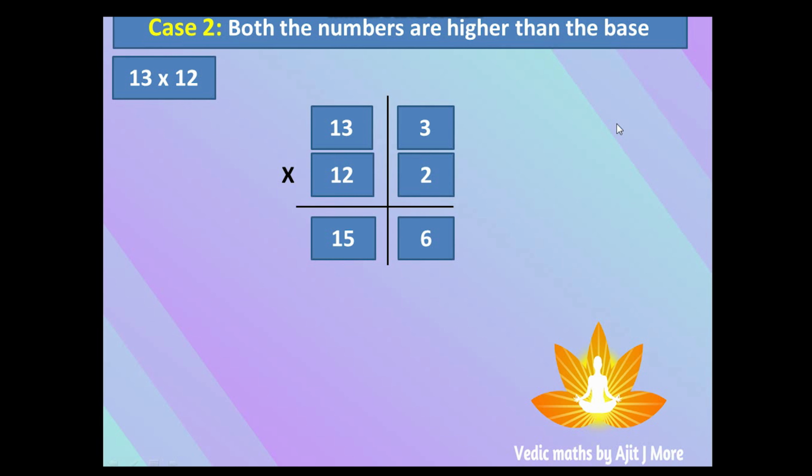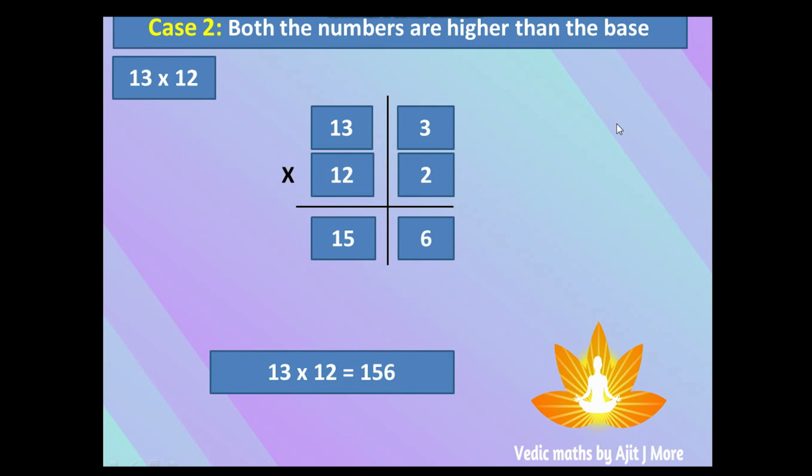As our base is 10, which contains 1 zero, the second part should contain one digit, and we have got one digit. So there is no overflow or need to prepend 0. Combine this, that is your solution. So 13 into 12 is 156.